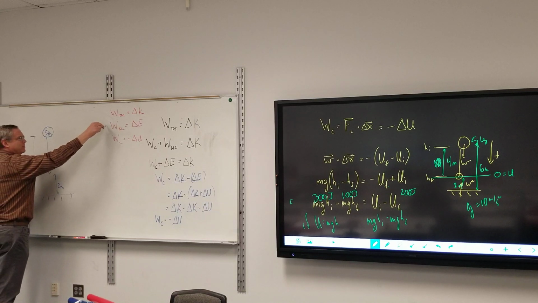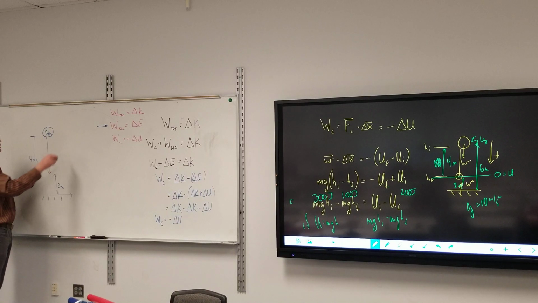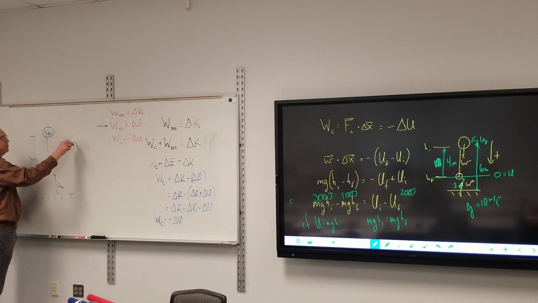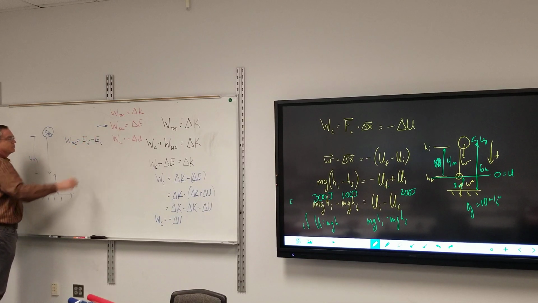So if I start with this right here, we'll skip a number of these steps at some point, but for right now, we're going to start with the middle energy relationship. The work non-conservative is equal to the energy final minus the energy initial.